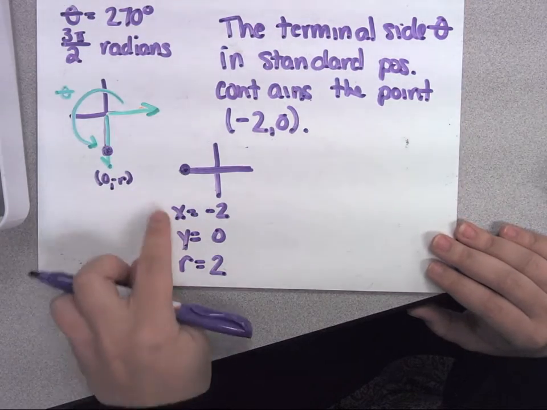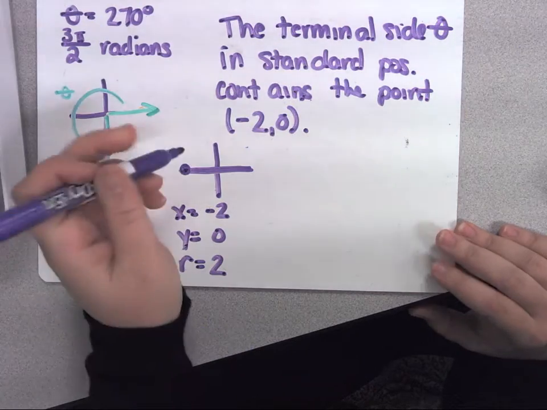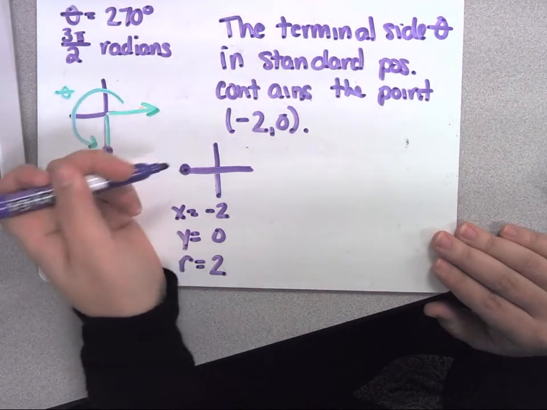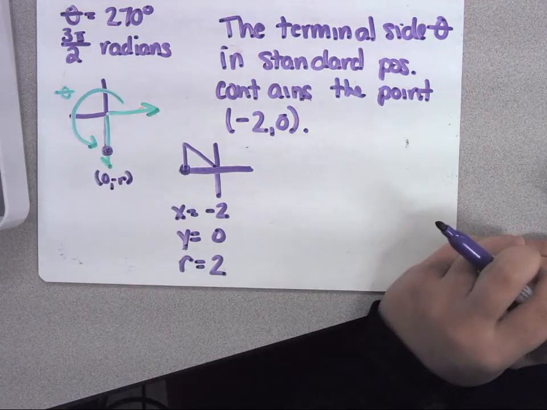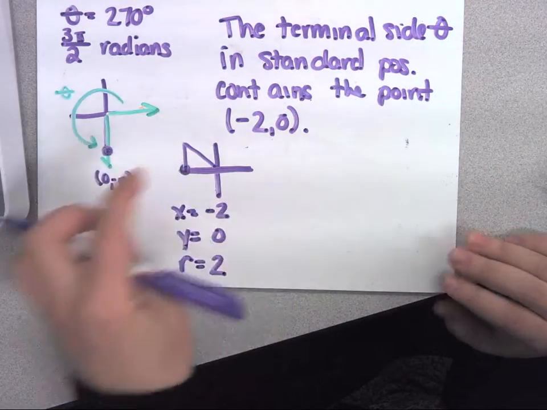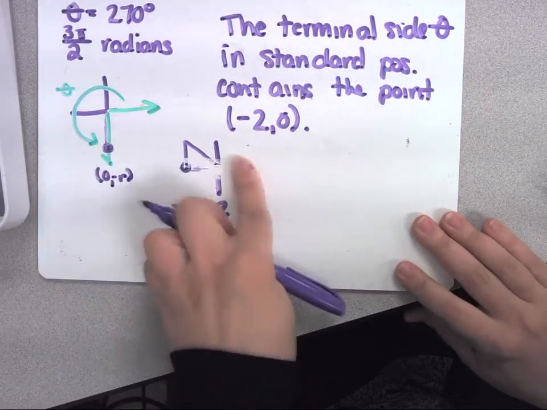Okay, so now using these, just like we did before, if you want, even though it doesn't make a triangle, you can always make one and find the 6 trig functions. I just don't know if I have enough room.